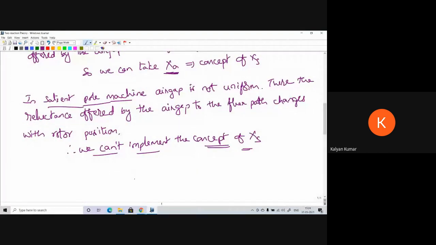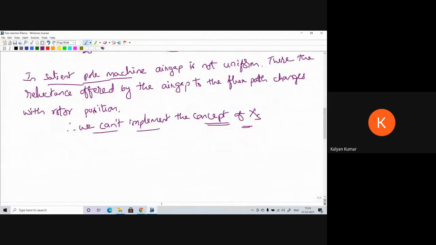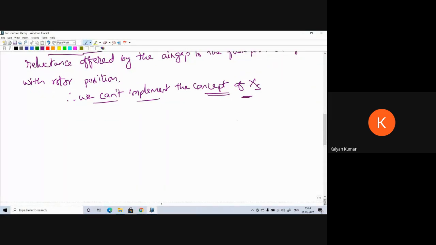Therefore, we cannot represent the armature reaction effect by using a single reactance. Hence, the concept of synchronous reactance we cannot implement for salient pole machines. So, this problem of having variable reactance has been solved by using Blondel's two reaction theory.